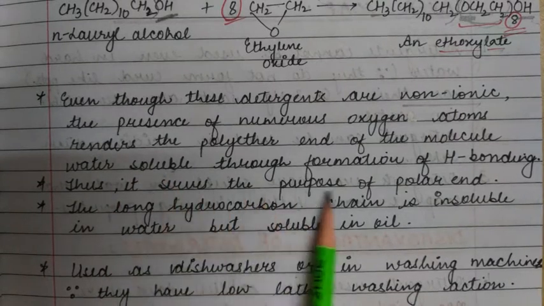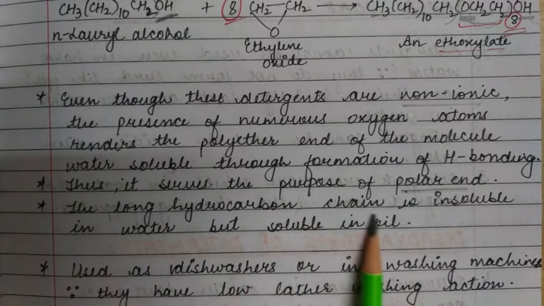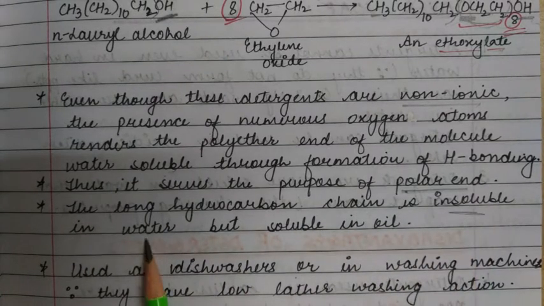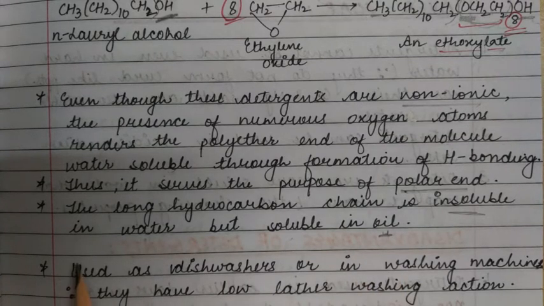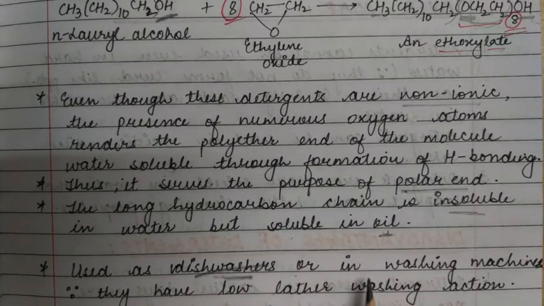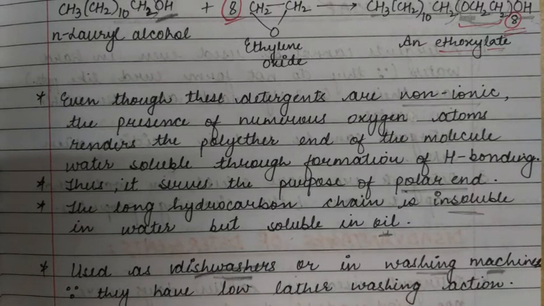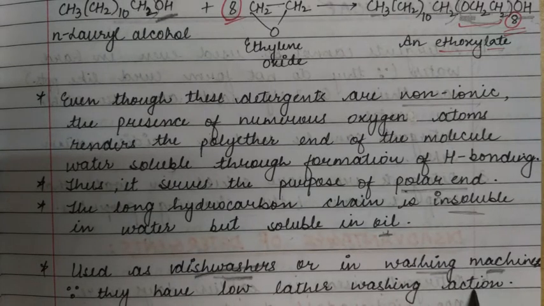Thus it serves the purpose of a polar end, right? The long hydrocarbon chain is insoluble in water but soluble in oil. Now these are used in dishwashers or washing machines because they have low lather washing action. Low lather.